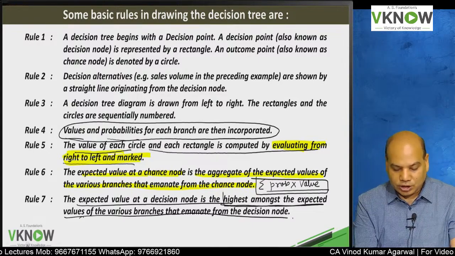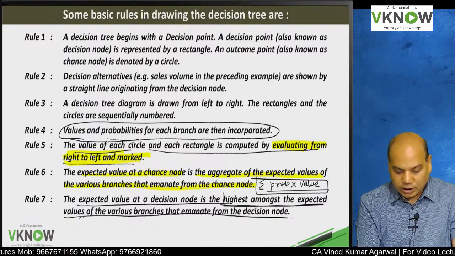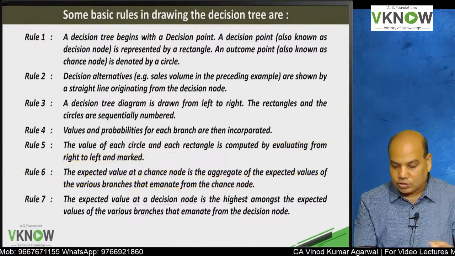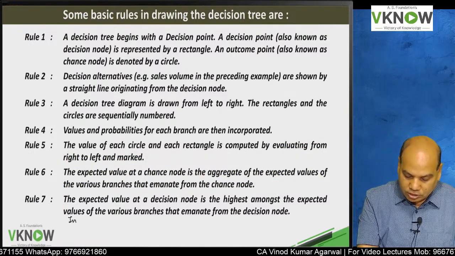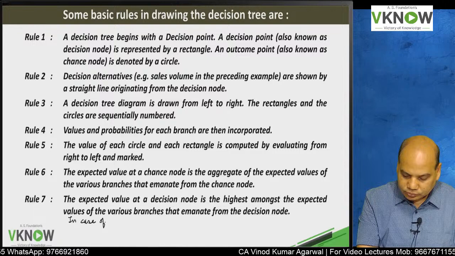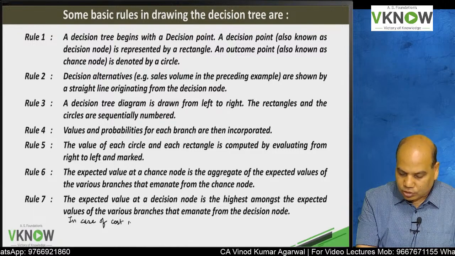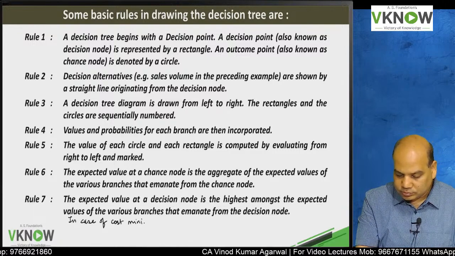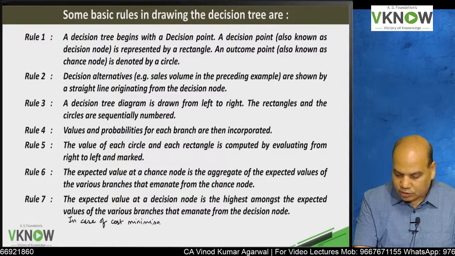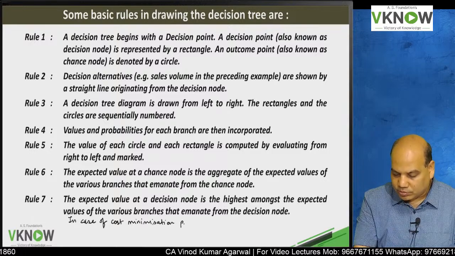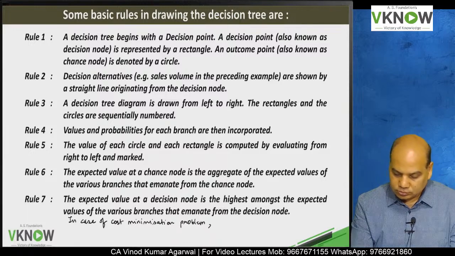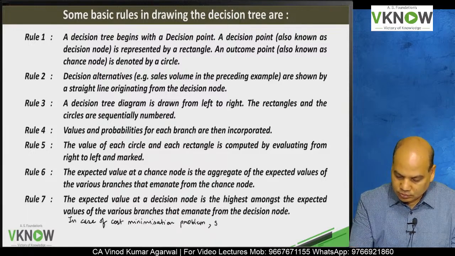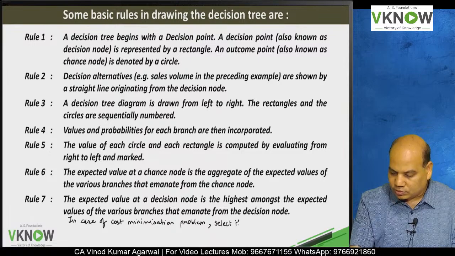Now here I need to tell you one more thing. Please write it also, later on you will forget. In case of a cost minimization problem, select the lowest value.